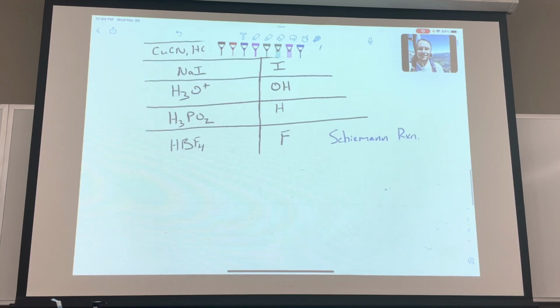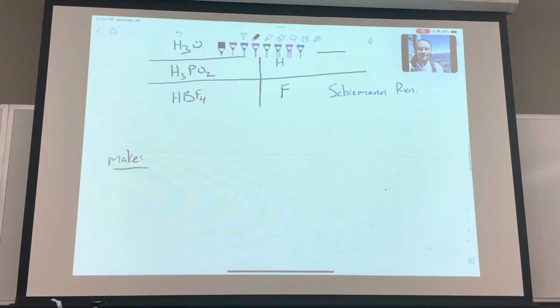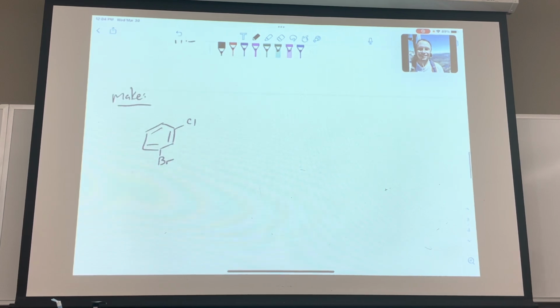So for instance, what if I were to ask you to make this? It's pretty simple. You know already how to put a chlorine on a benzene.